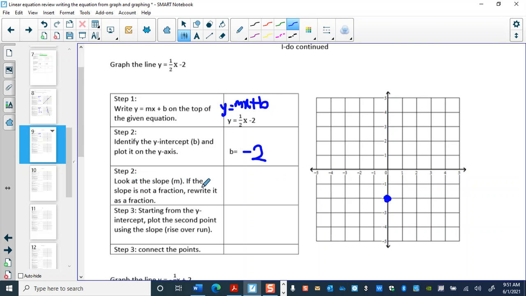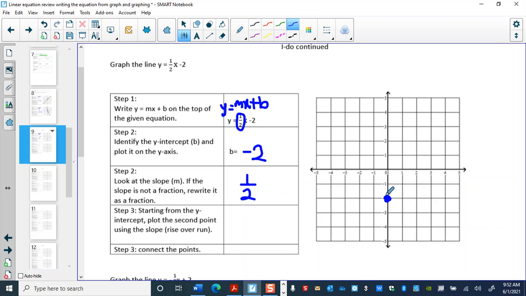And then you look at the slope. Your slope is 1 over 2. It is already in fraction form, so you don't have to rewrite it. It's 1 over 2. Your rise is 1, your run is 2.